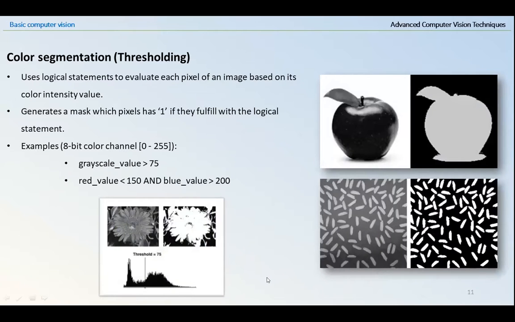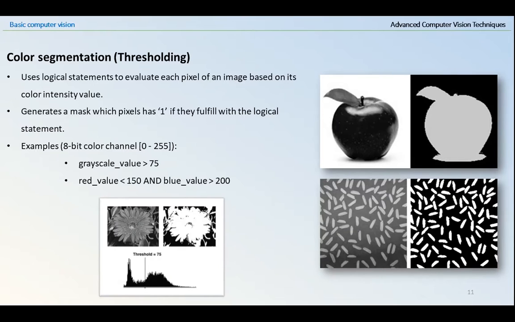So color segmentation is another basic technique. It's basically when we want to detect a specific color or specific color ranges. We use logical expressions for that.